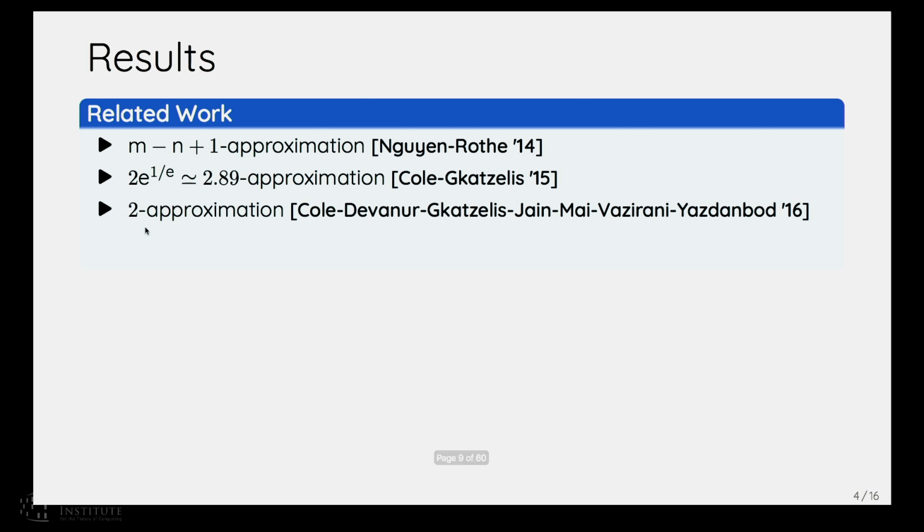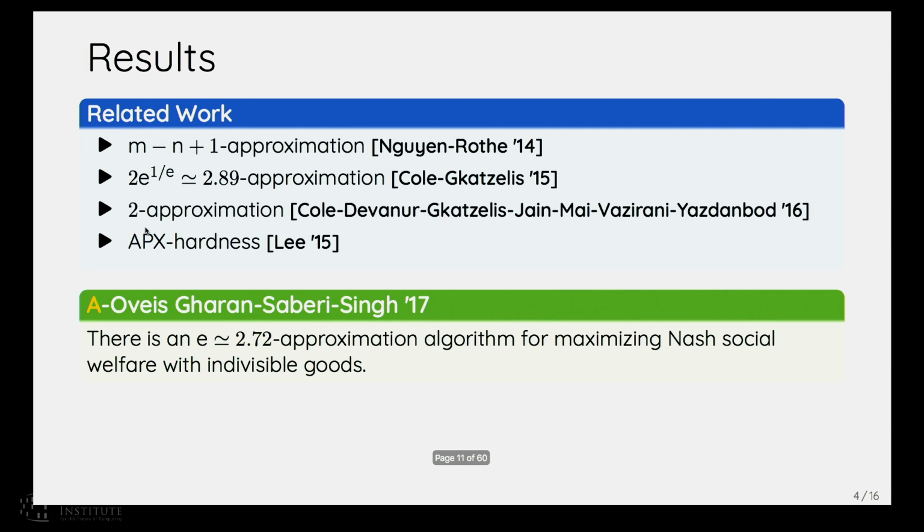Then independently of us, Cole and a long list of authors obtained the 2 approximation factor for this problem. It is also known that this problem is APX hard, so constant is the best thing that you can hope for. What we have obtained is an e approximation algorithm for this problem.